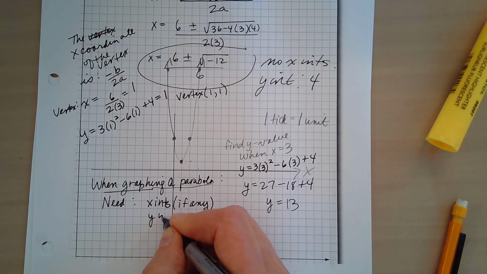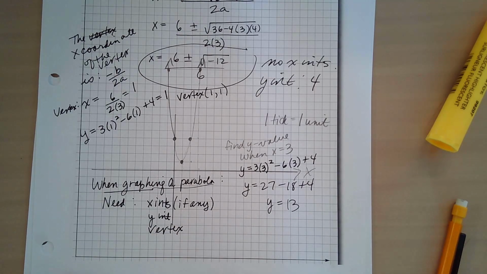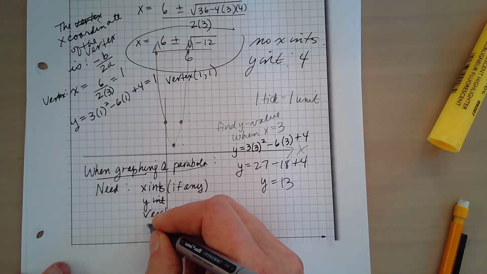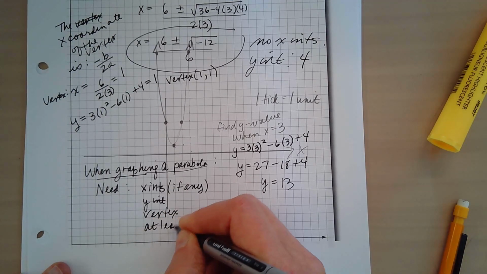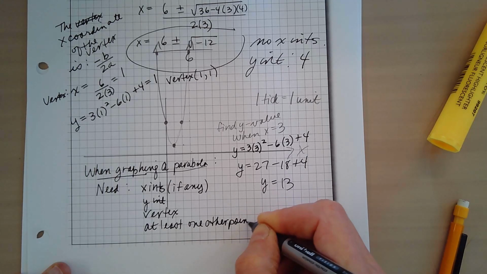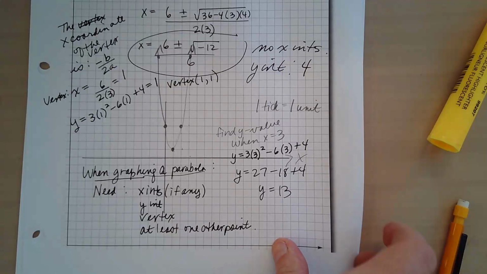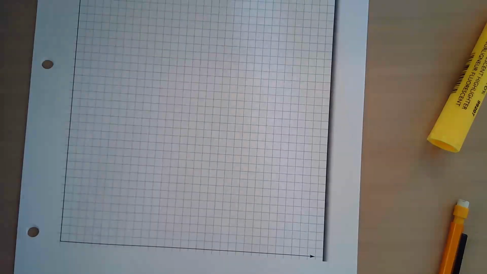For any graph, you should show the x- and the y-intercept, the vertex, and at least one other point as needed. Kind of a good rule of thumb. We're going to be doing graphs of many types of functions in this class. Quadratics and linears are something you're supposed to know already. I do have it being recorded, so these notes will go up on the blog.